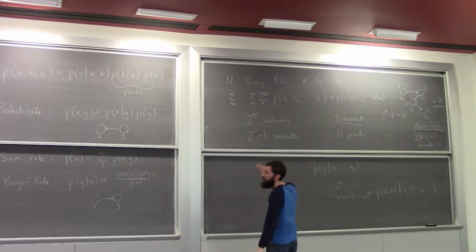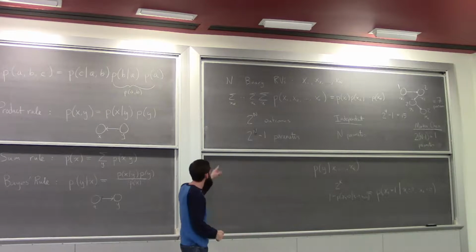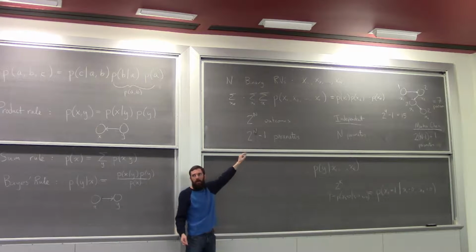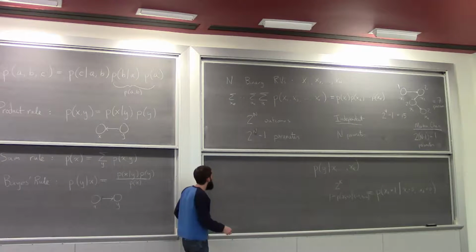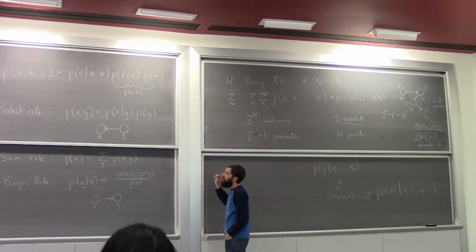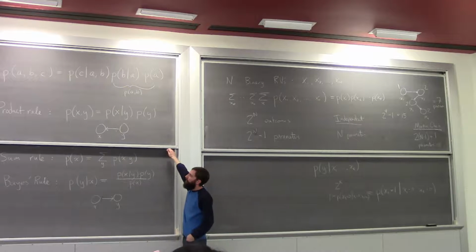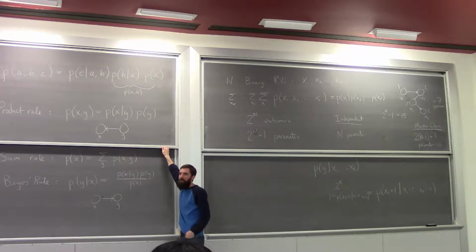Right, so I want to make an argument that I can always get a graph that'll give me this complicated thing here. So if I take that graph right there, how many parameters does it need?